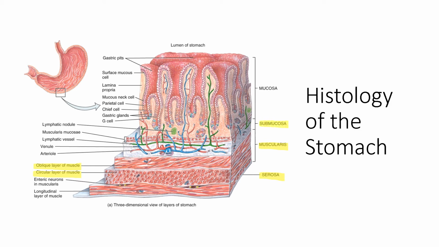Then we have the submucosal layer with all the blood vessels and the lymphatic vessels, and then the mucosa layer.